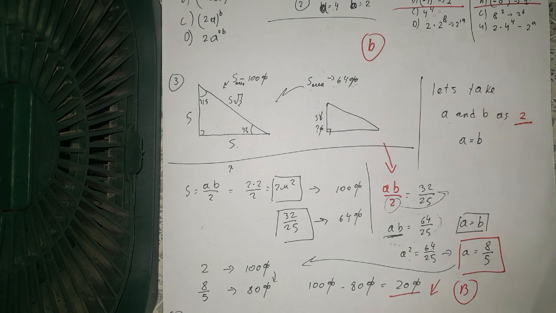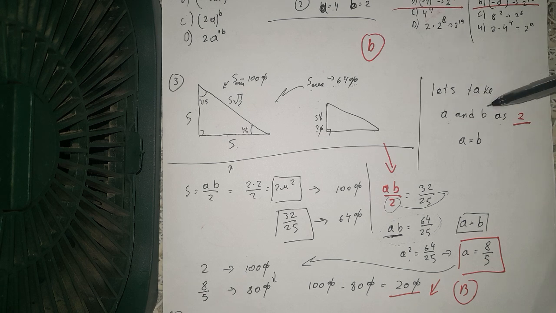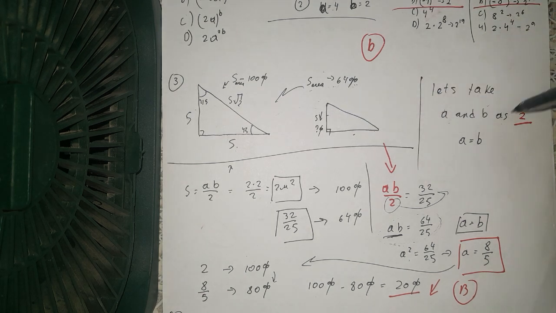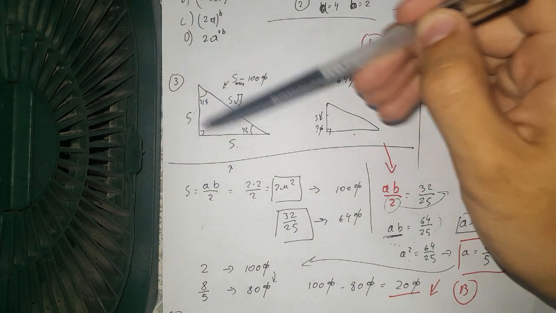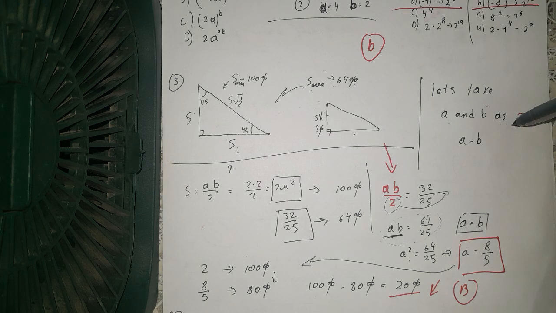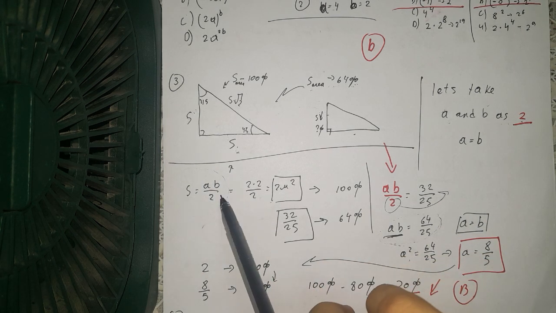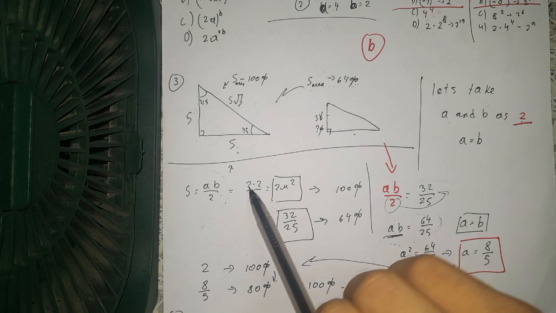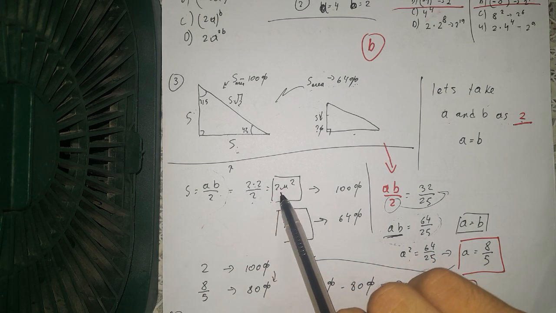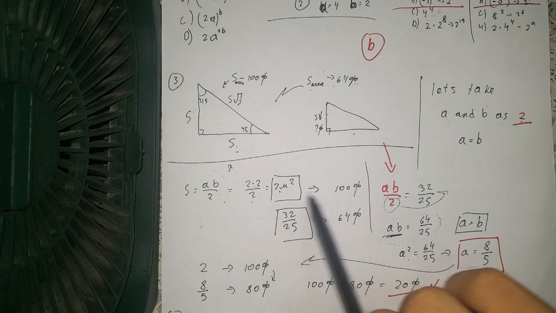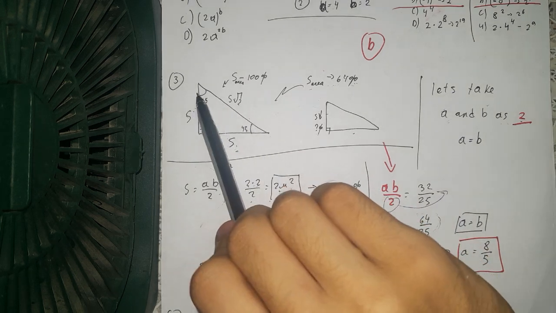in what extent the percentage of their sides has been decreased if we take that the side of S, which is A and B, like this A and B is 2, this A and B is 2, we use the formula of finding the area, like 2 multiplied by 2 divided by 2 is 2 meter in square. That's 100% of this area.